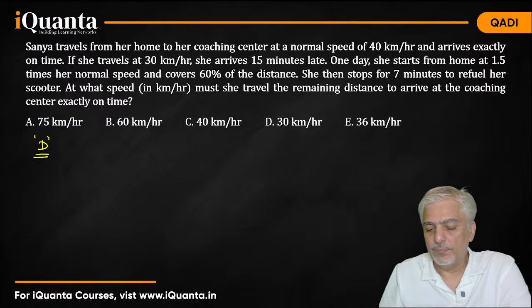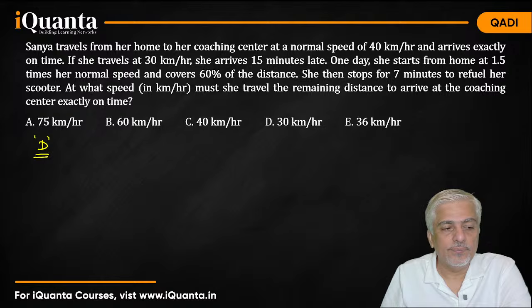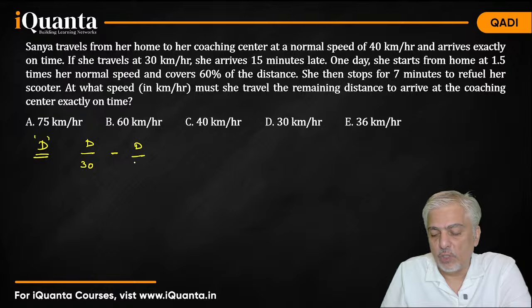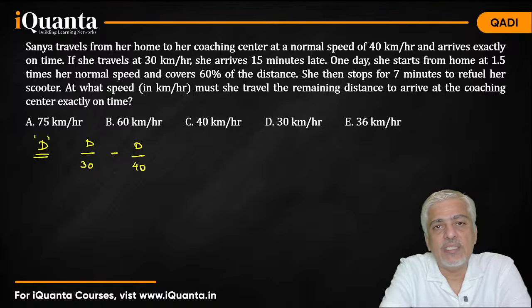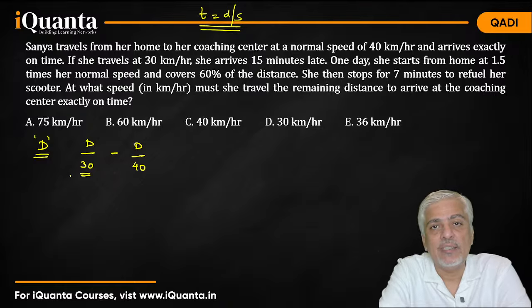Let's solve it now. Now, they've told her, let us assume the distance is d. When she travels at 30 versus when she travels at 40, time is distance upon speed. So, when she travels at a speed of 30, the time taken will be d by 30.